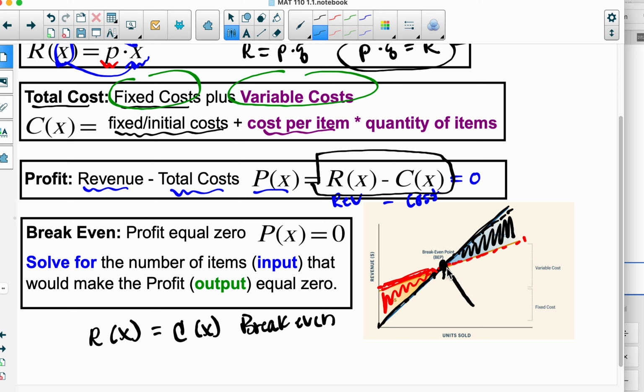Then when revenue is equal to cost, this is my break-even point. That's where profit equals 0. And then once I get past that, when my units sold are great enough that I go past that break-even point, then I'm making a profit.